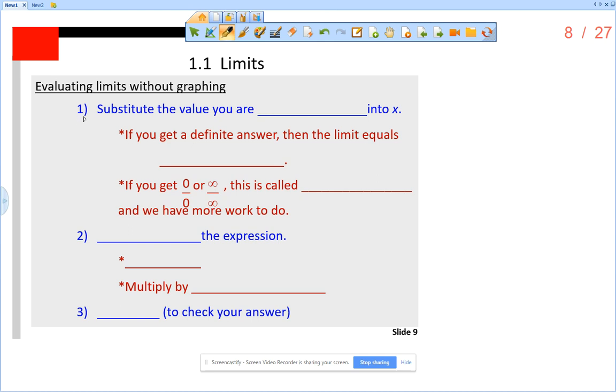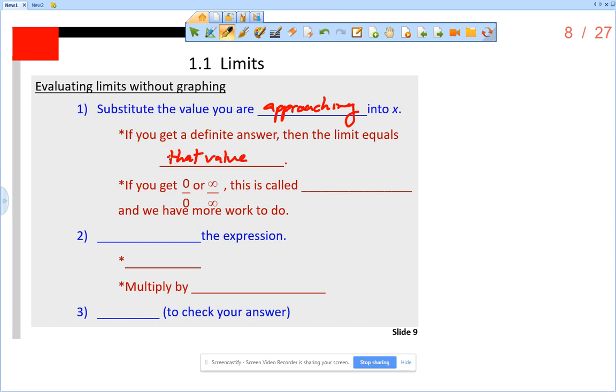The first thing that we're going to do is, number one, substitute the value that you are approaching into x. So we're merely going to do a calculation with the value that we're approaching. If you get a definite answer, then the limit equals that value.